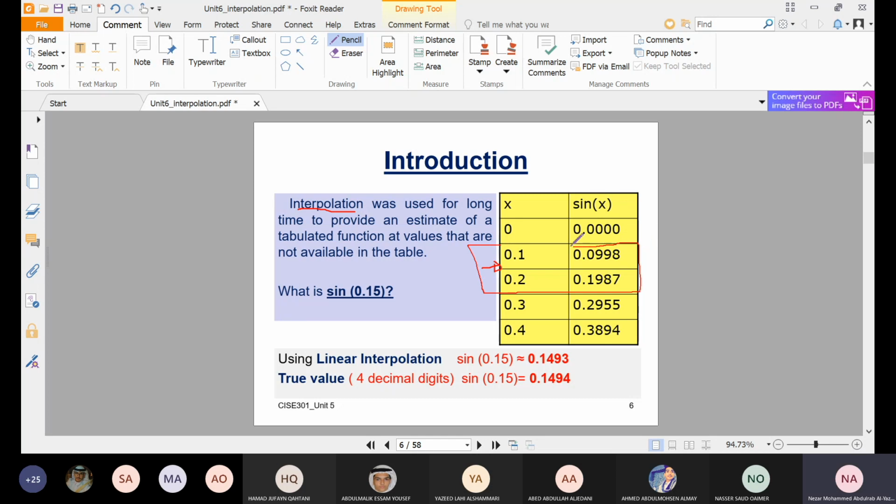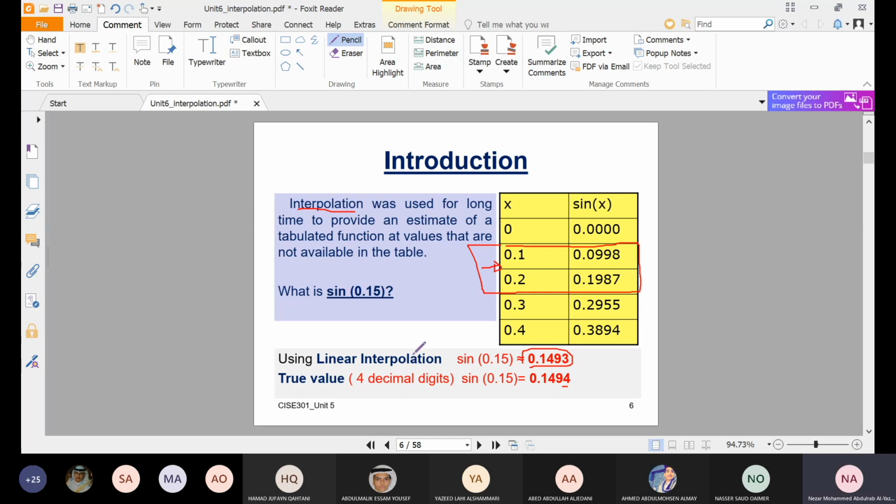I will take these points to estimate the value of the unknown. So by using linear interpolation, we find that the solution is equal to 0.1493, while the true value with 4 decimal digits is equal to 0.1494. You can see this value is quite accurate.